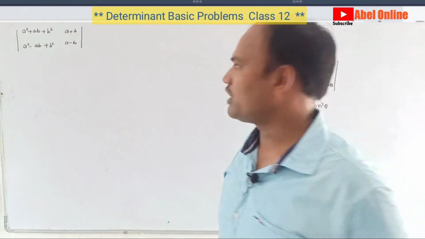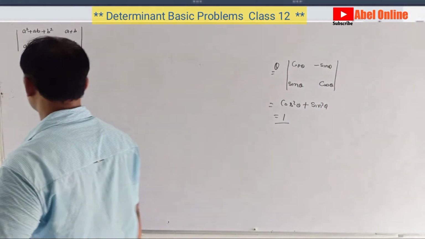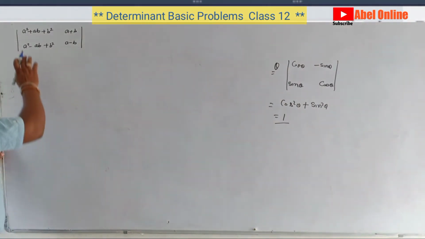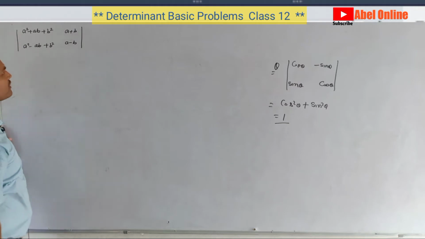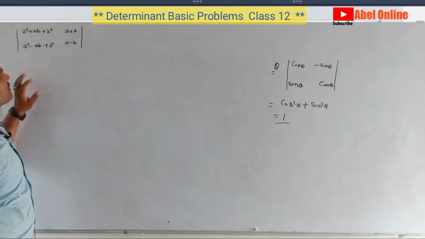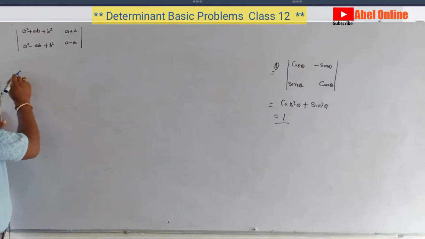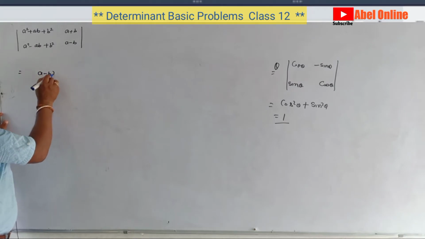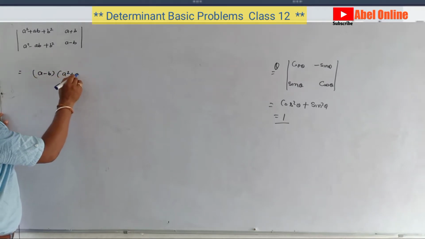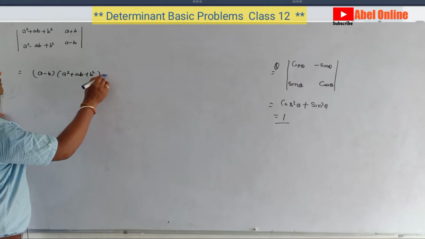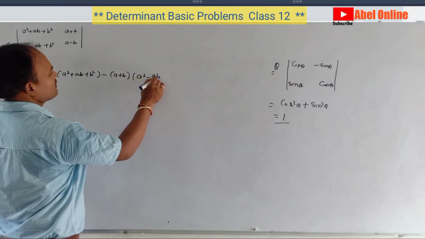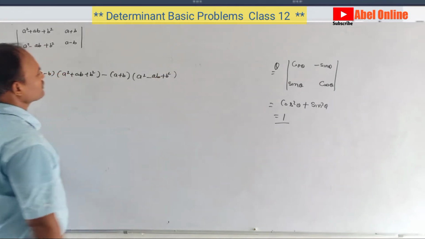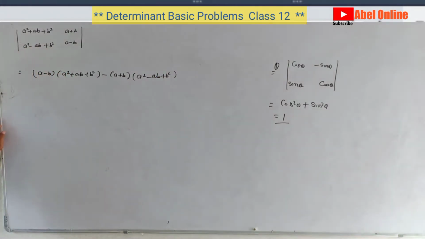So how can we solve this question? We have to just multiply them. So a square plus ab plus b square multiplied by a minus b, and a square minus ab plus b square multiplied by a plus b. Students, this is your question, and we have to multiply them.